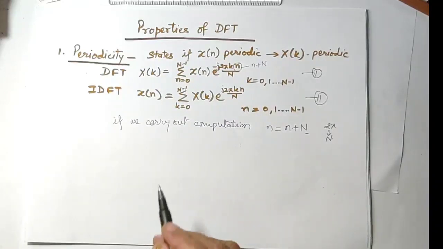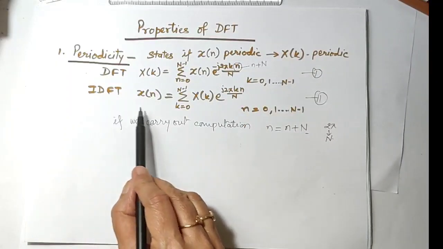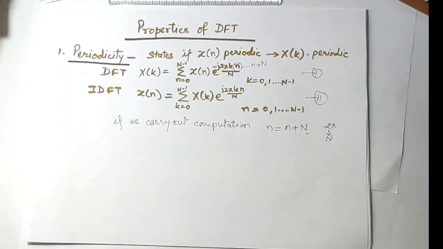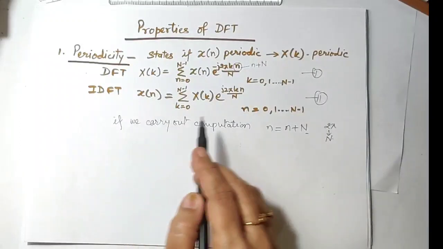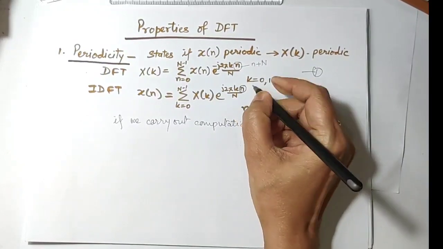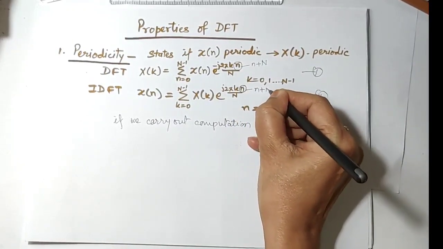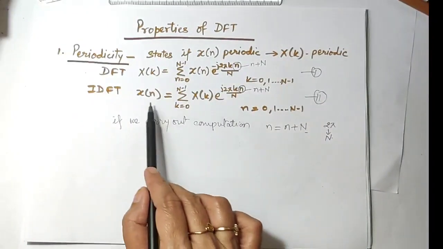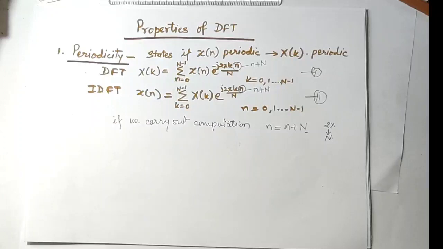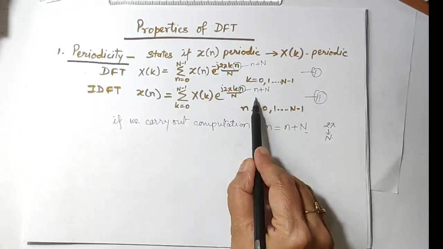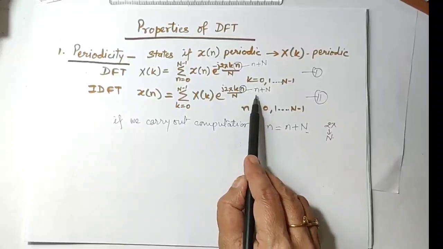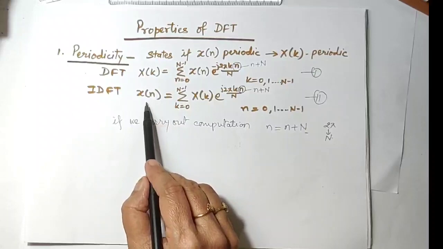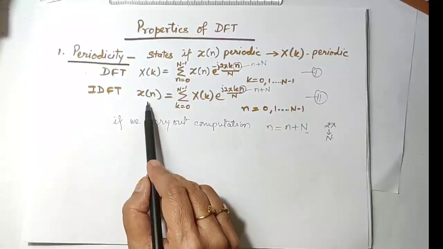Similarly we change the second equation. When we assume that x(n) is not periodic and we replace n with n plus N again, we see there is also no change in x(n). But this change to n plus N forces x(n) to be periodic, even though it was not.